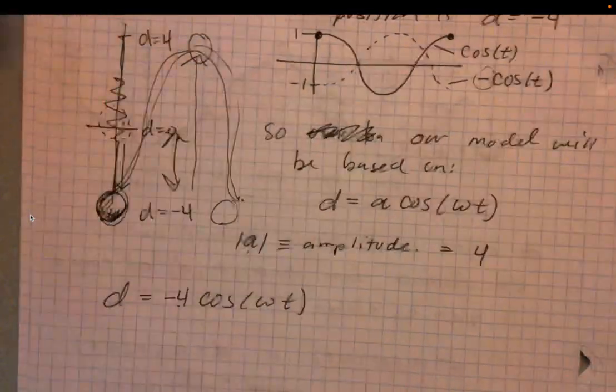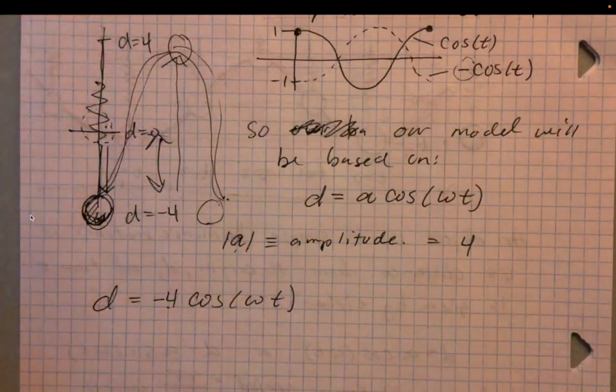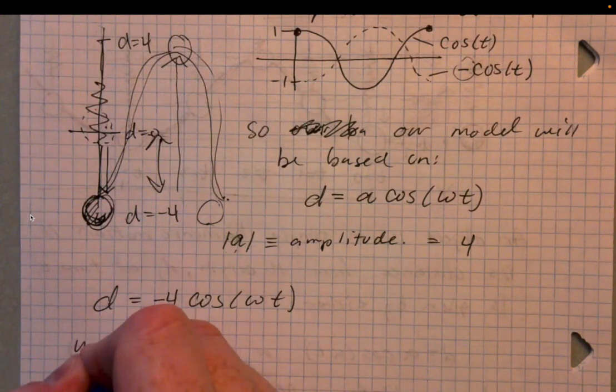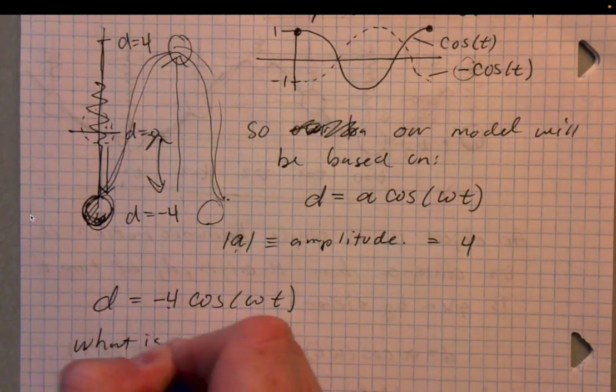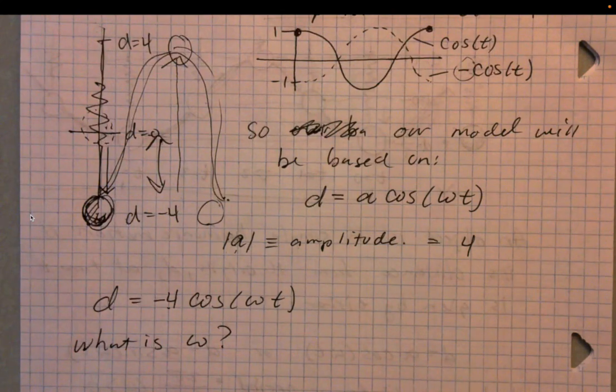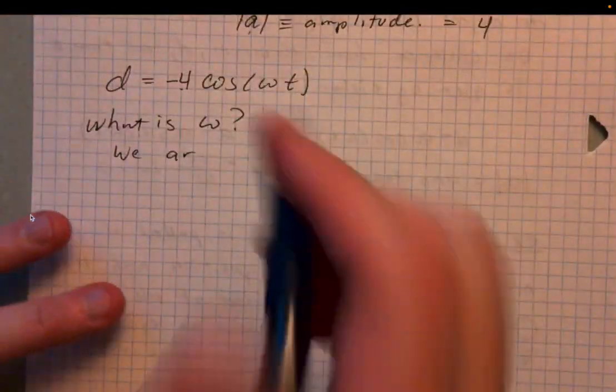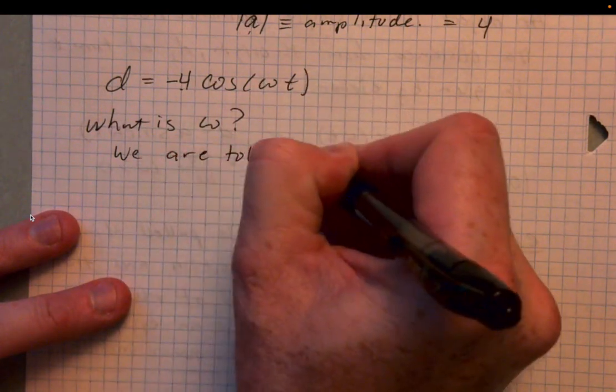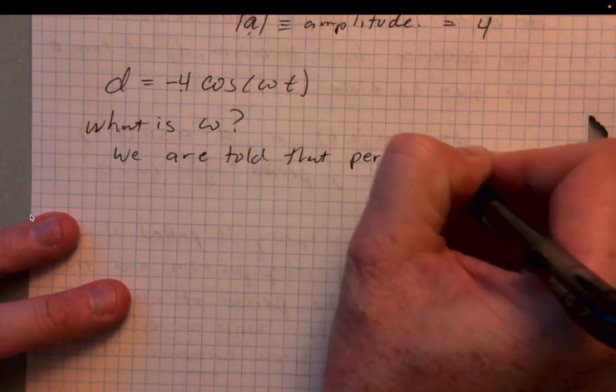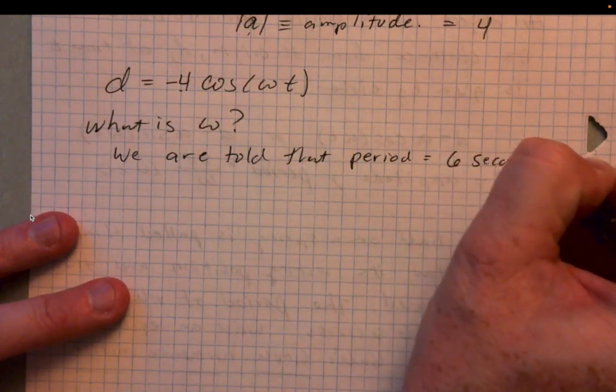Okay. All right, so what is left to be determined is this omega value. So next, what is omega? Well, omega, remember, is related to the period, and we're given some information at the onset in the description of the problem. We're told that the period is equal to 6 seconds.